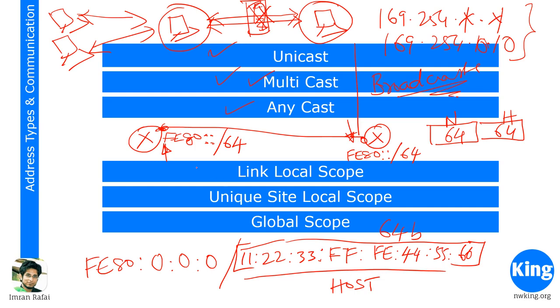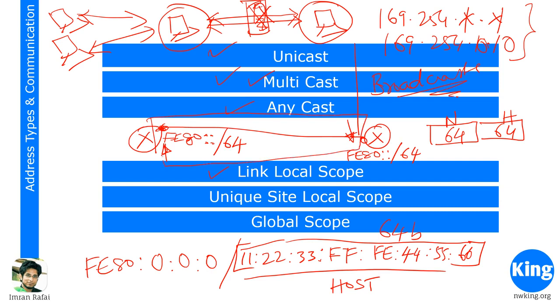In between it just puts FFFE, and you have a number which is unique to this device. Very cool, isn't it? So this is how it creates its own link local IP address, and the link local IP address is used only for communication within this segment.